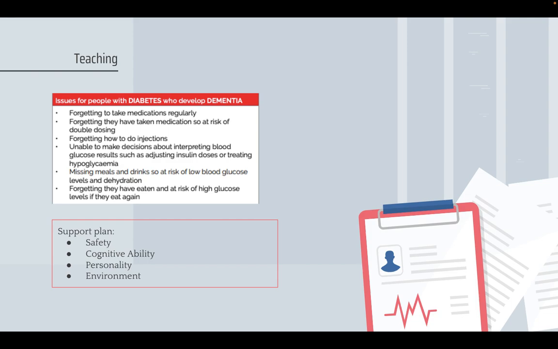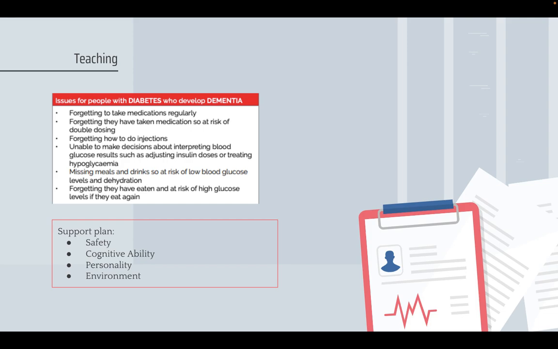These issues include forgetting to take medications regularly, forgetting that they have taken medication so being at risk of double dosing, forgetting how to do injections, being unable to make decisions about interpreting blood glucose results, such as adjusting insulin dosage or treating hypoglycemia, missing meals and drinks so being at risk of low glucose and dehydration, and forgetting they have eaten and being at risk of high glucose levels if they eat again.